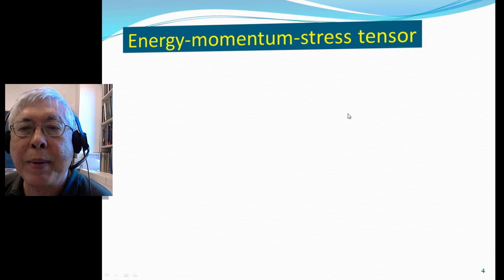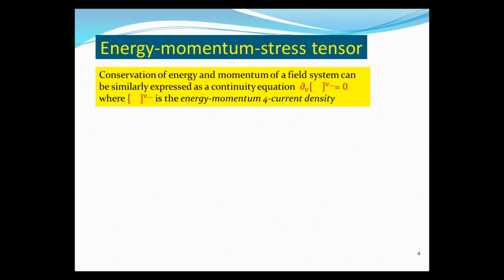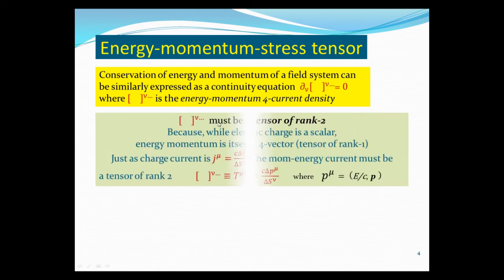Now let's talk about the energy momentum tensor, or energy momentum stress tensor. Conservation of energy momentum of a field system can also be expressed as a continuity equation, just like we did for charge. Here the bracketed term with nu is the full current density of the energy momentum of the field system. First of all, this must now be a rank 2 tensor.